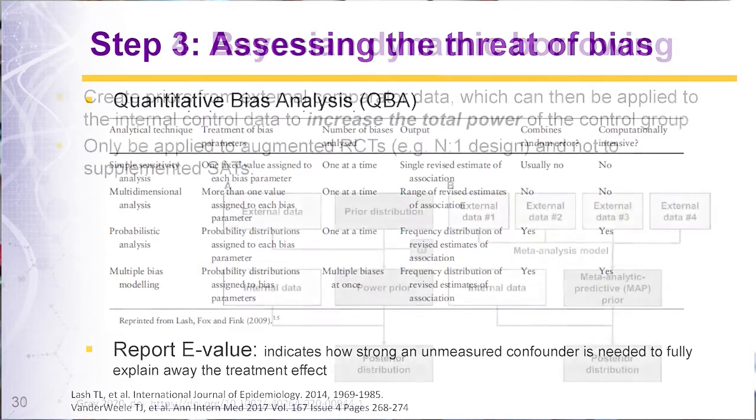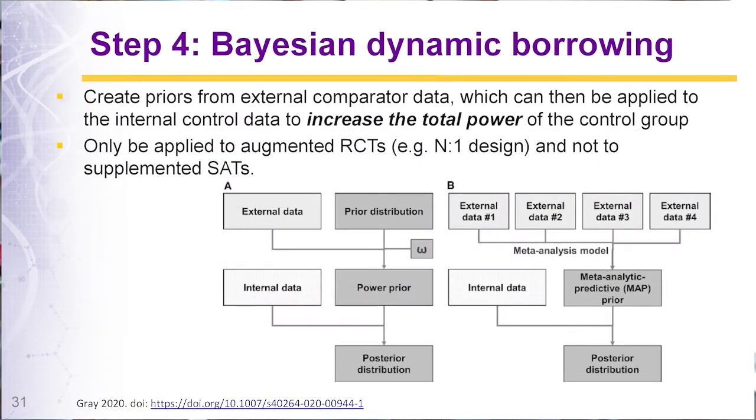Then the final step is called Bayesian dynamic borrowing. As I mentioned before, this is not always needed. This step helps to create priors from external comparator data. The external comparator could be from one source, or it could have multiple sources as the external control.